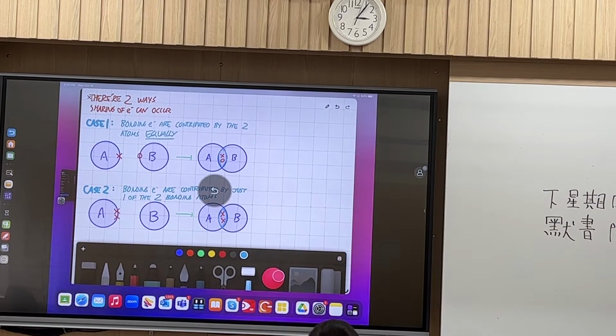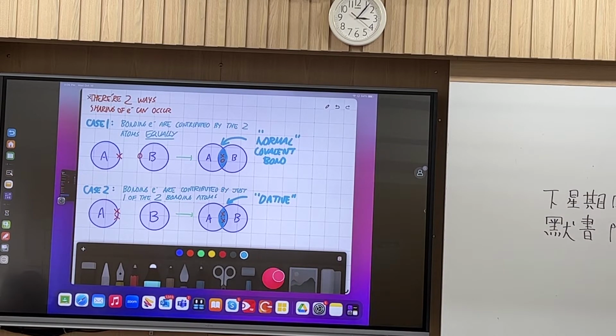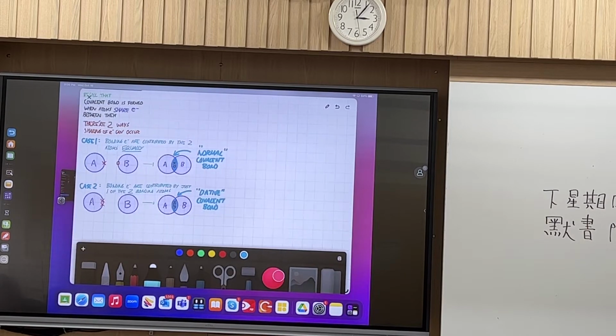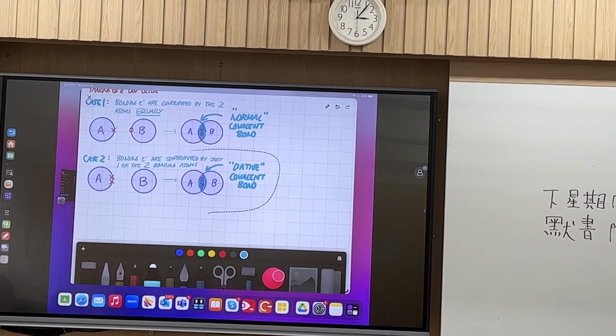Can you label this as a normal covalent bond? The bond you find below is called a dative covalent bond. This is a special type of covalent bond known as dative covalent bond.